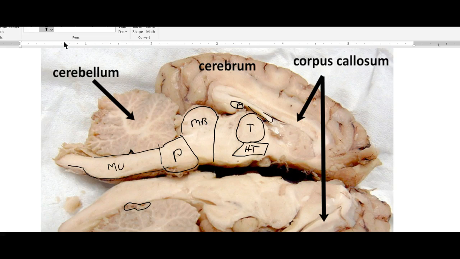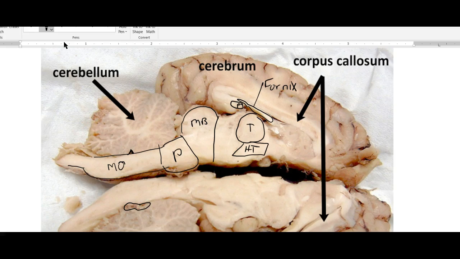This piece right here, below your corpus callosum, that's your fornix. I believe that's on your list of things to know. Yeah, and that's it. So cerebrum, cerebellum, medulla oblongata, pons, midbrain, thalamus, hypothalamus, pineal gland, fornix, corpus callosum.